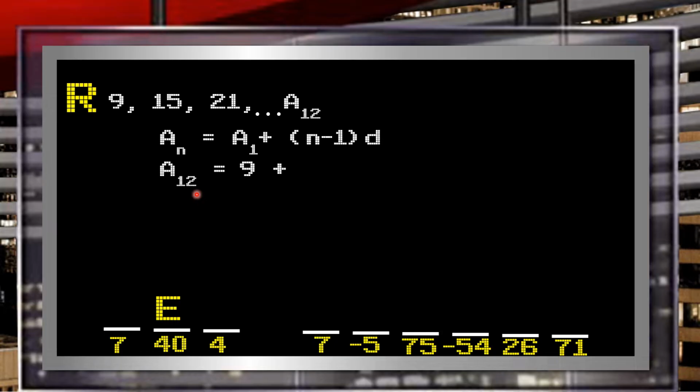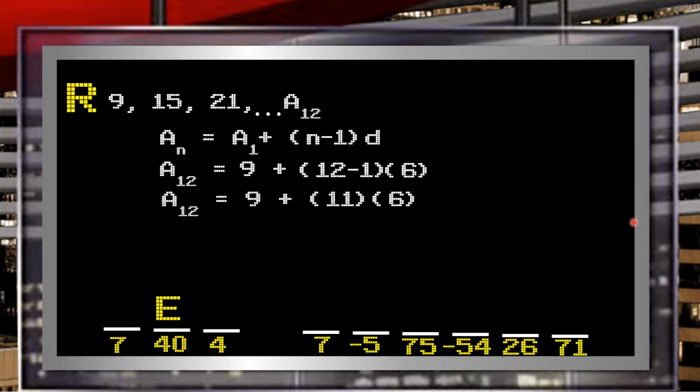So, we have 12 terms minus 1. And the common difference by inspecting 9 to 15, 15 to 21, or again, subtract nyo yung second minus first or third minus second. So, 15 minus 9, it's 6.